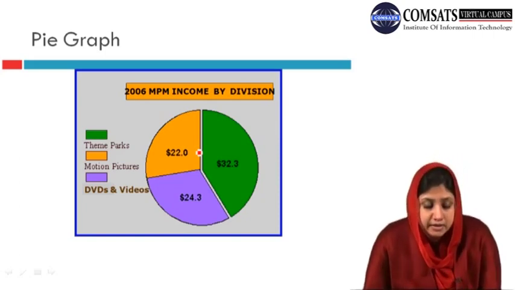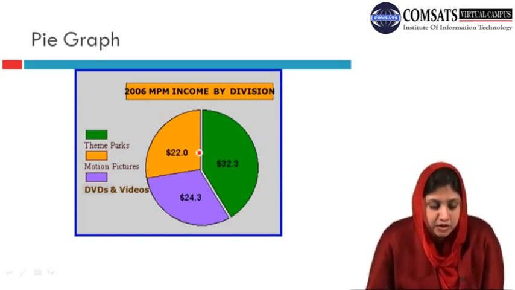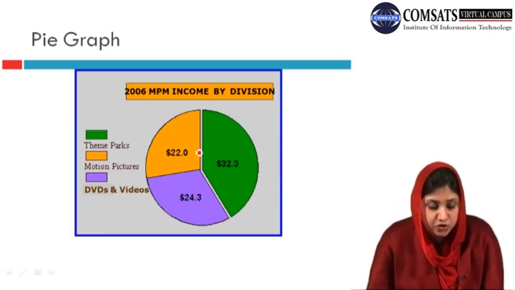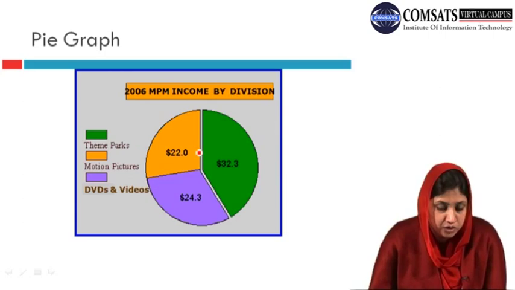Look at the key on the left hand side that shows three colors. Green is theme parks, orange is motion pictures, and purple is DVDs and videos. So how much you are generating from theme parks is $32.3. How much from motion pictures, $22.